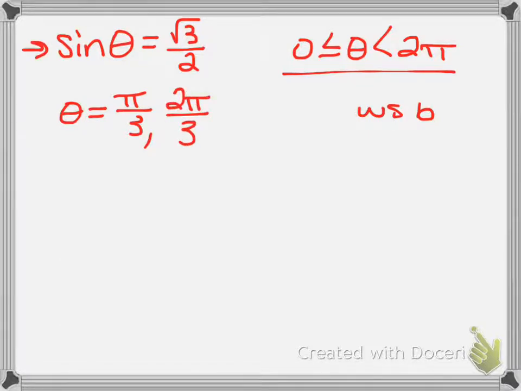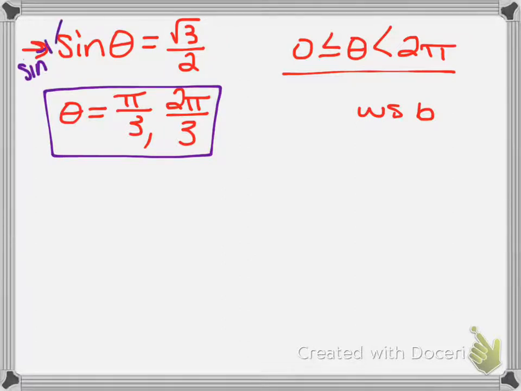Now, one thing that I did remind them of is that technically when we came up with these answers here, what we had just done is we had taken the inverse sine of the entire equation, because when you take the inverse sine of the left side, that's what made sine go away and left theta by itself, and then we just did inverse sine of square root of 3 over 2 and got these two primary answers, because we were only looking for answers between 0 and 2 pi.